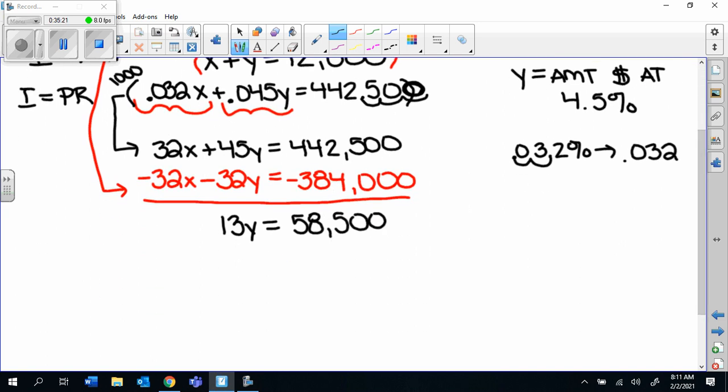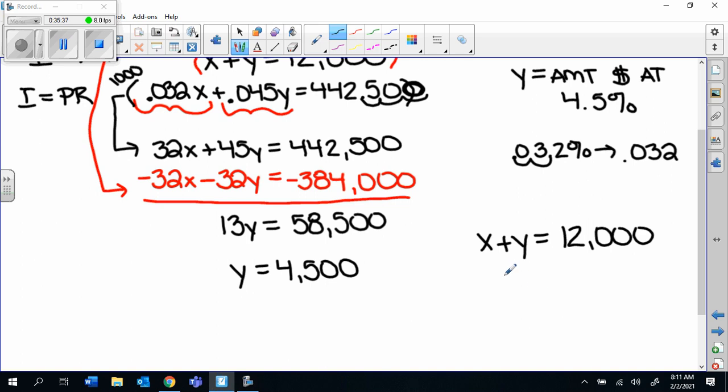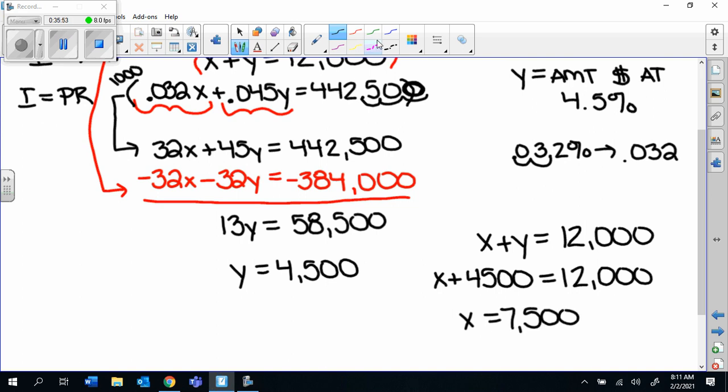Divide both sides by 13, and it turns out that y is 4,500. Now, my loans added up to 12 grand. So we're talking bigger numbers here in general. My student loans added up to $12,000. So if one of them is 4,500, just subtract these two numbers to discover that x must be 7,500.